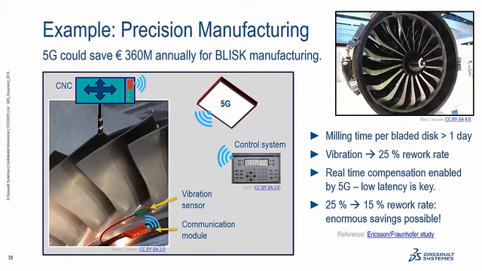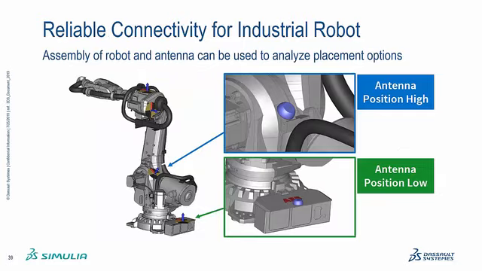Now, from a simulation point of view, what we're interested in is how we decide where to place the antennas for these communication modules so that the entire system works. An example that we have here is of an industrial robot. Here we're comparing the positioning of an antenna in two locations, one high up on the structure, one low down on the structure.